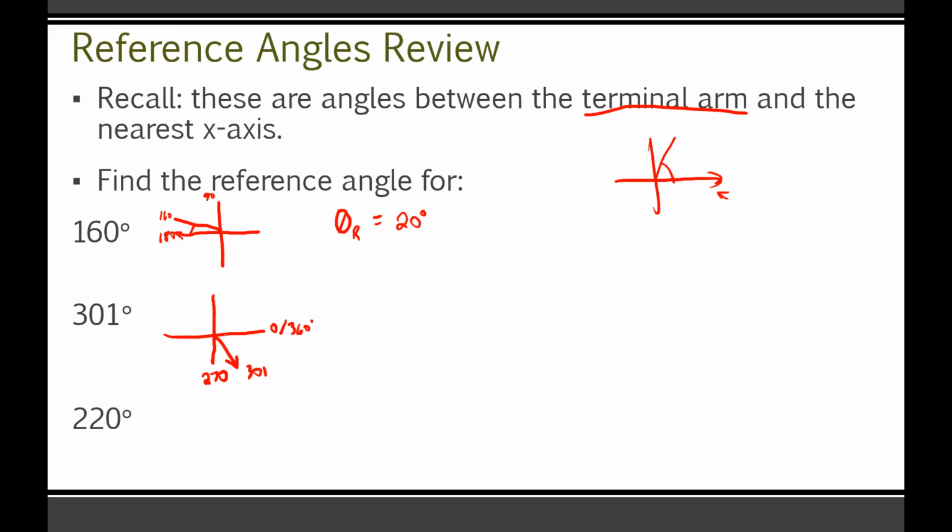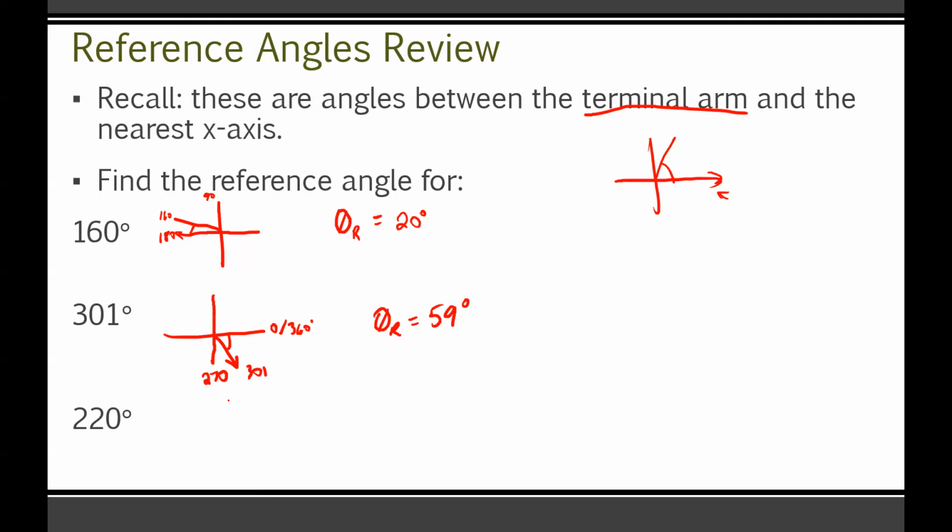So our reference angle is the angle between these two. So just the difference between 360 degrees and 301 degrees. If you take the difference between those two, you just go 360 minus 301. Long story short, you get theta r equals, I believe, 59 degrees.